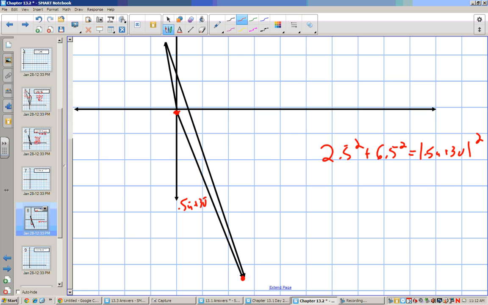We can just do that on our calculator, and that's 48.5. And that's going to equal this thing squared. So what we have to do now is just square root it. The square root of 48.5 is 6.96. And that's our new magnitude.